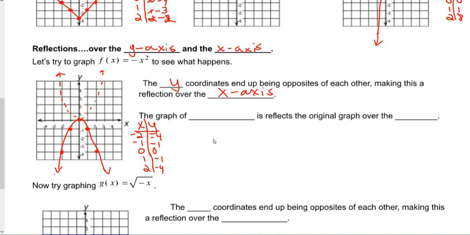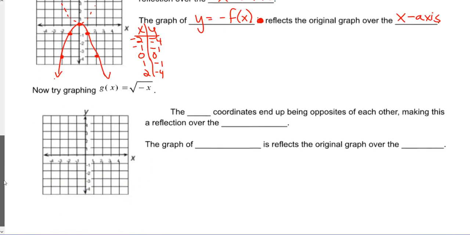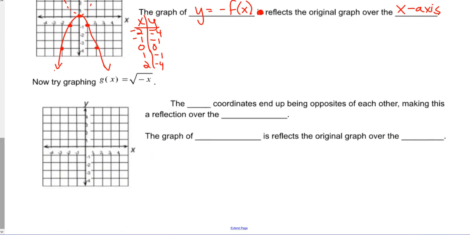And in general form, the graph of y equals negative f of x reflects the original graph over the x-axis. Okay? All right, very good. Now, what if I bring the negative on the inside of that square root, okay?